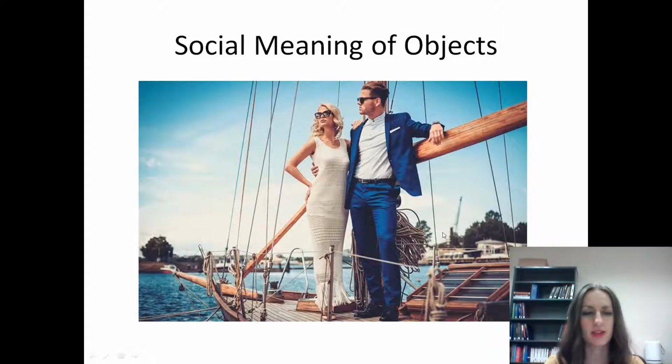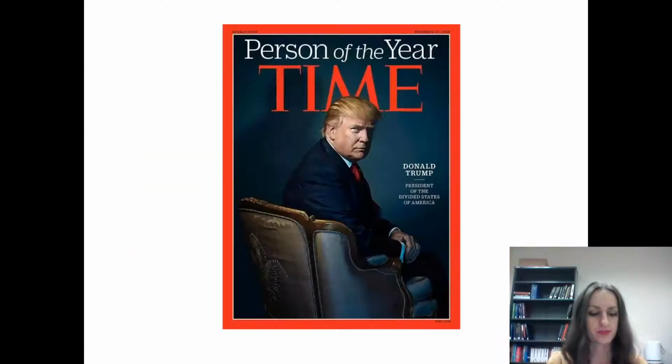At least I'm assuming it's a yacht. I guess I don't know my boats very well, but fancy boat, right? All of these things work together to communicate a social meaning of wealth and economic status, right? All of that's working together to communicate that we've got some wealth here.